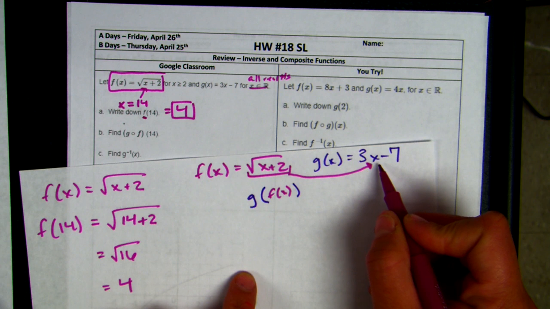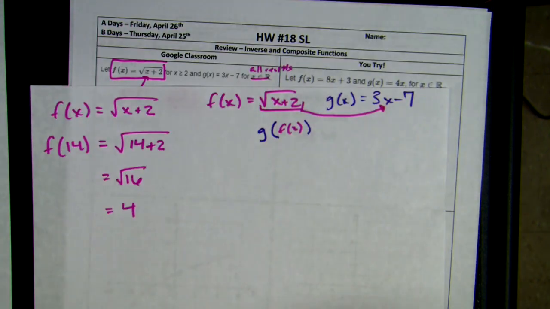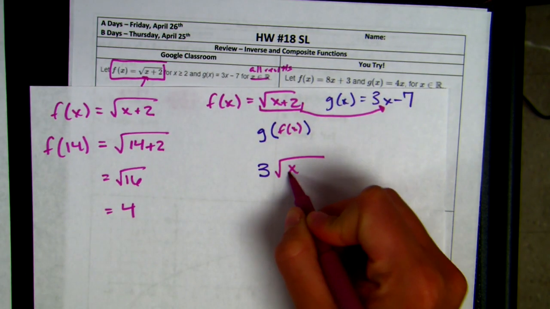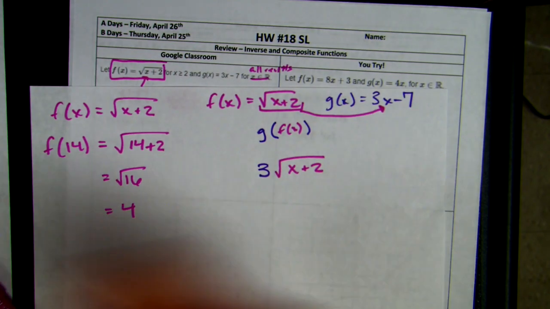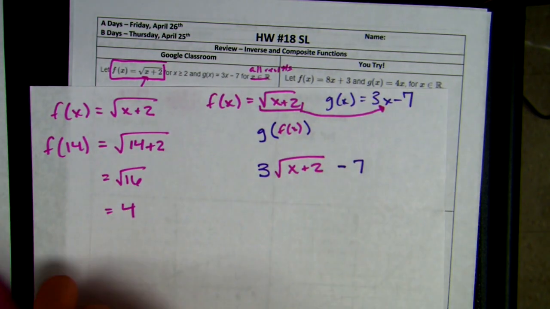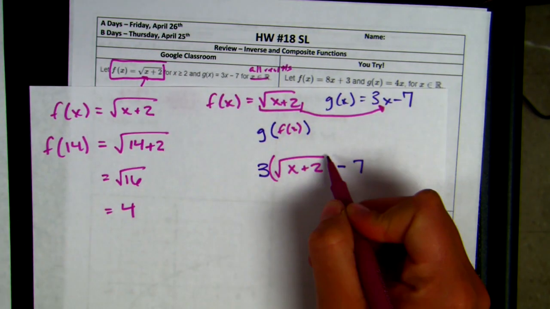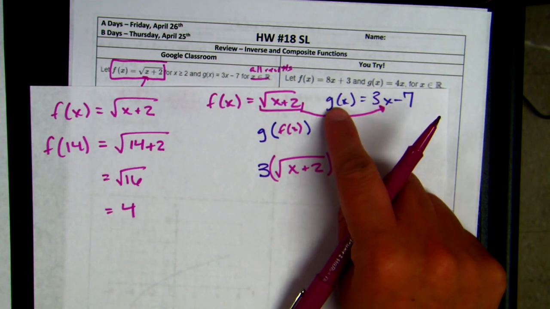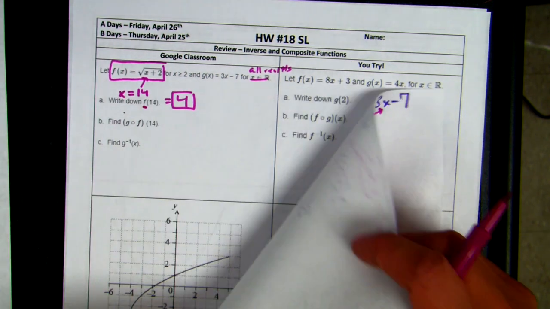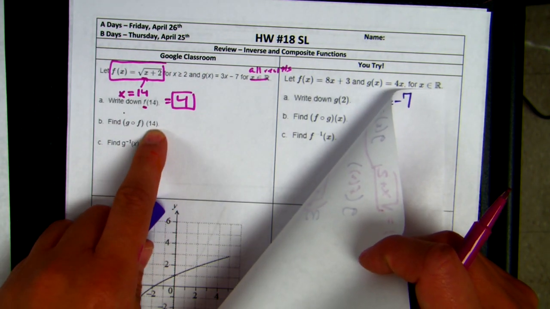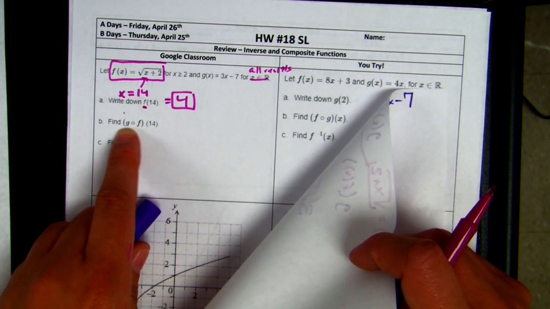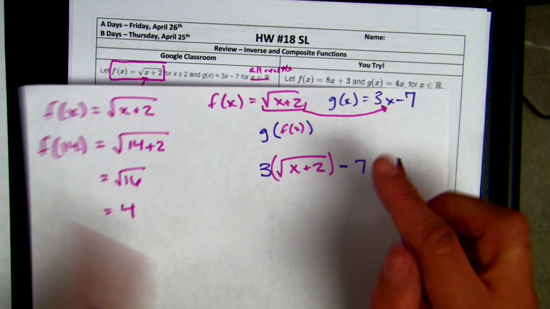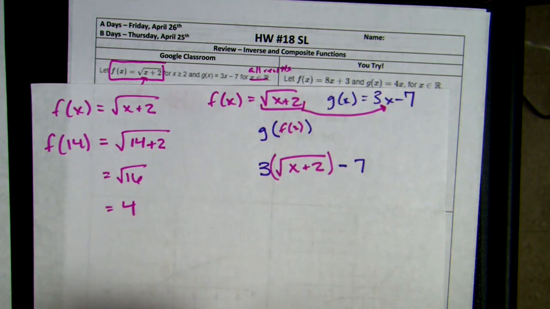So this is going to become 3 times square root of x plus 2, minus 7, because I took my whole function f and plugged it in wherever I saw x in my outside function. Well, this question asks us to plug in 14 for x, g of f of 14.